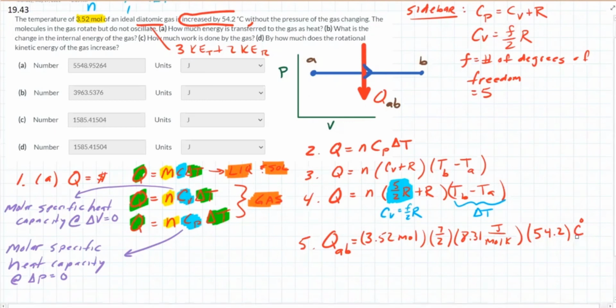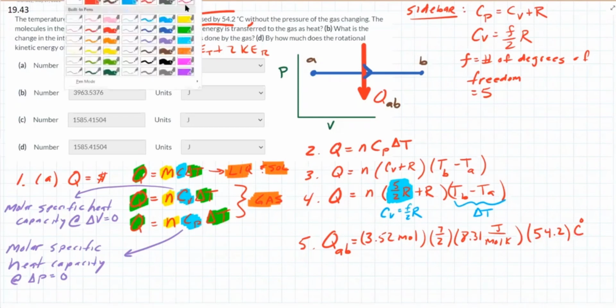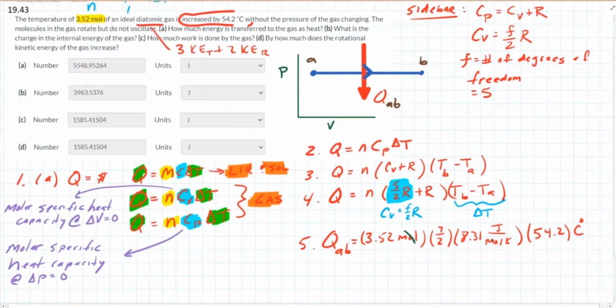The temperature difference was 54.2 Celsius degrees, and then I just need to do dimensional analysis because I hope I end up with joules. Moles here cancel with moles here. Here's a question. Does Kelvin here cancel with Celsius degree here? The answer is yes, it does, because the little reminder, 1 Kelvin does equal 1 Celsius degree.